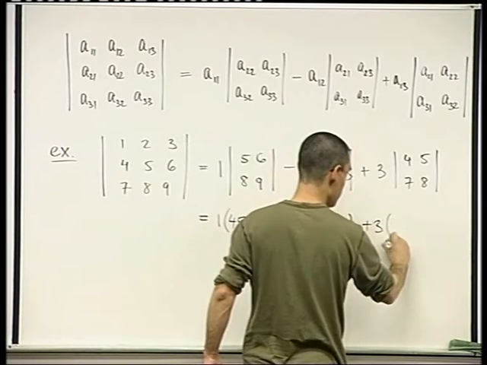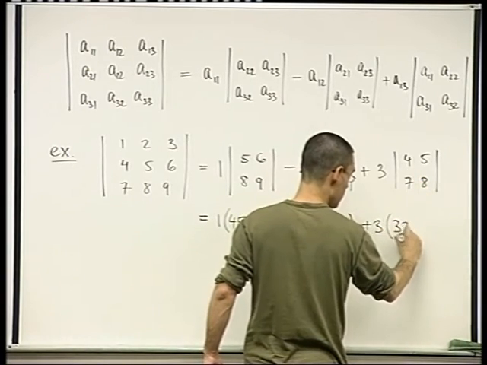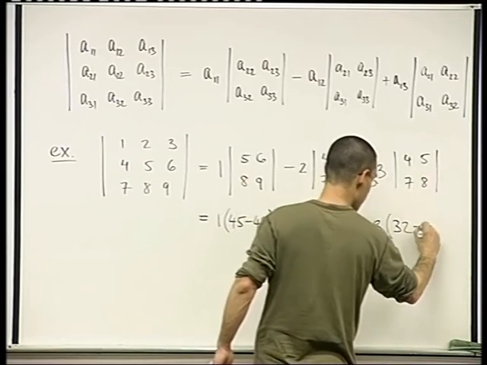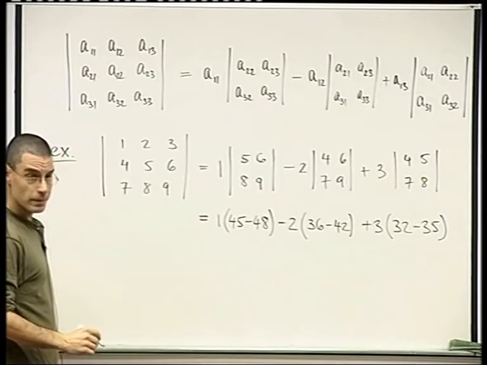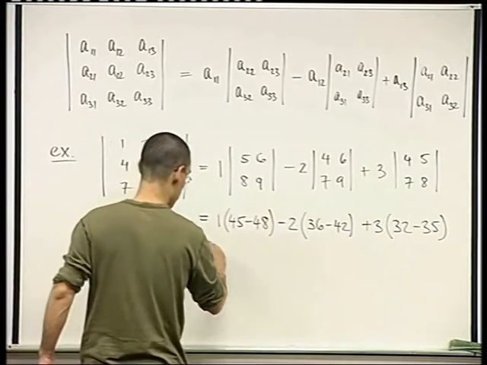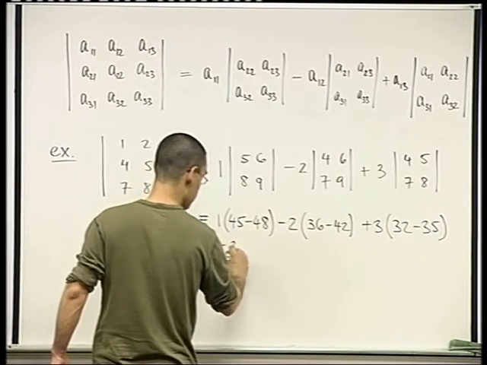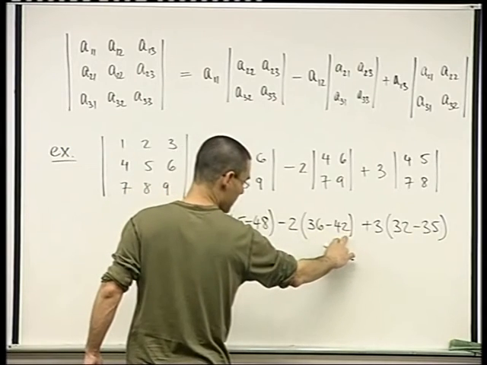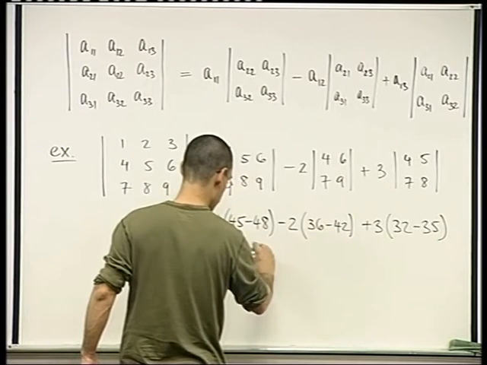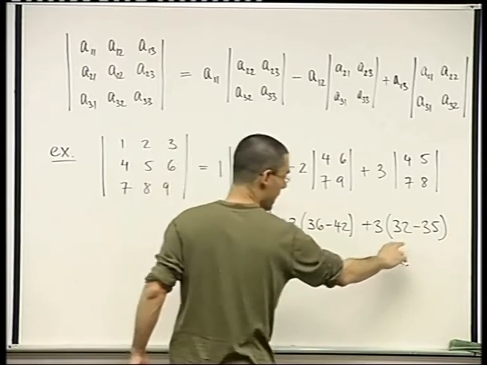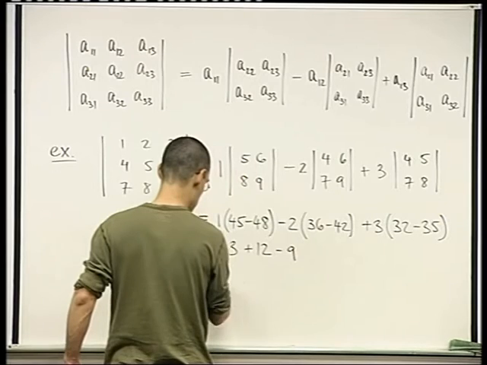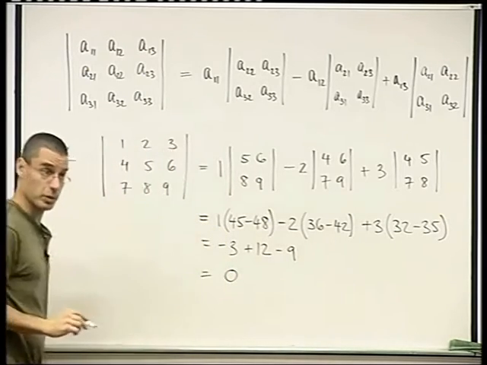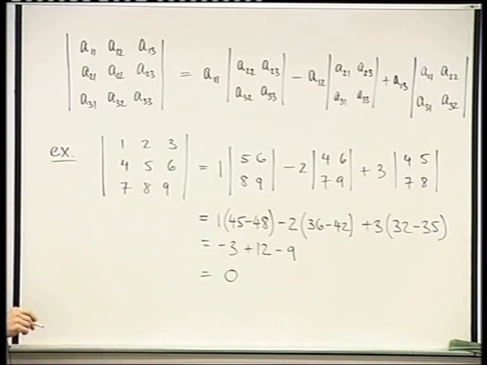Plus 3 times 4 times 8 is 32, minus 5 times 7 is 35. Do you agree? Good? And this equals minus 3. This is minus 6 times minus 2 plus 12. And this is minus 3 times 3 minus 9. And in fact, we just get that the determinant of this matrix is 0. Good? Did everybody follow? Clear?